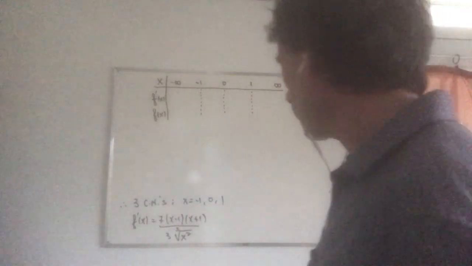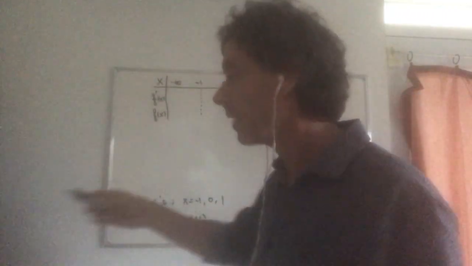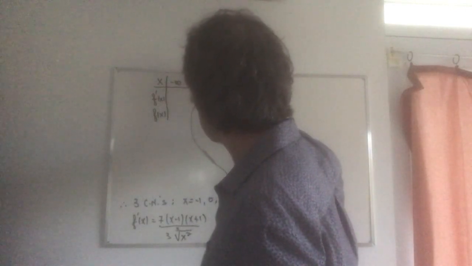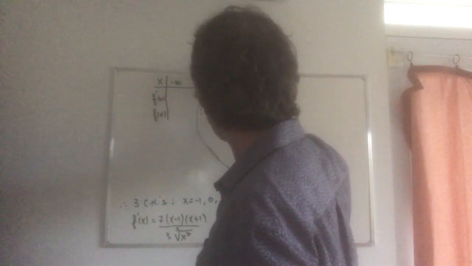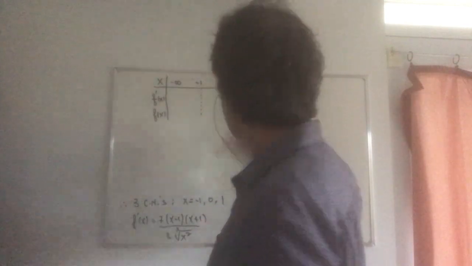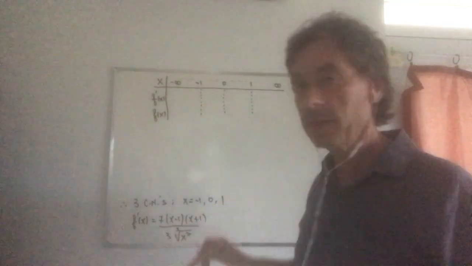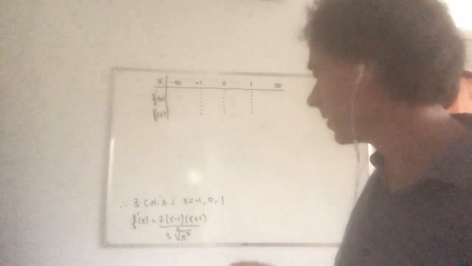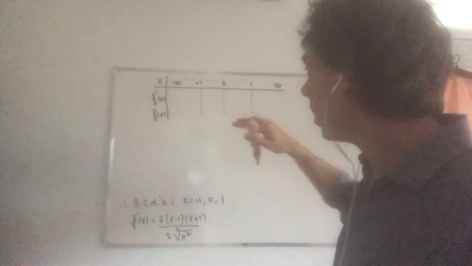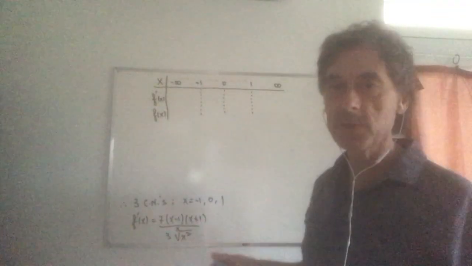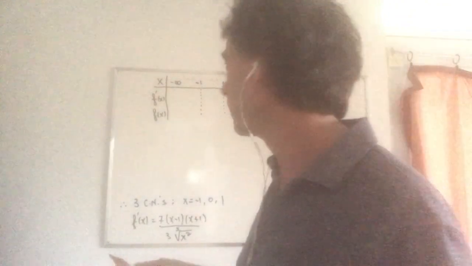And basically, remember the strategy. Let's change colors. We need to pick numbers in each of these intervals and put them in here and decide on what sign is actually going to do that. So we'll do one together and the other ones I'll just put into the table because it's just calculation.